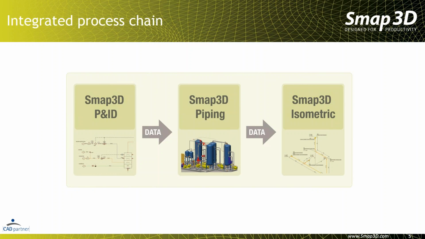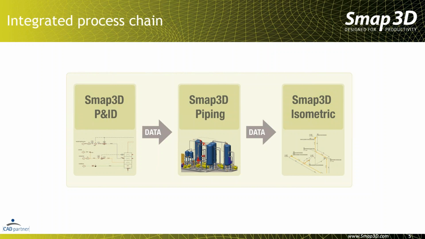Coming to the software, it consists of 3 modules. The first part and the start would be our P&ID tool, based on the PC Schematic Automation. Then we've got the piping add-in for SolidWorks and Solid Edge. And the last part is the Smap3D Isometric based on ISOGEN.